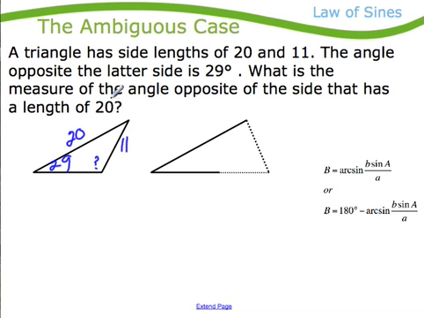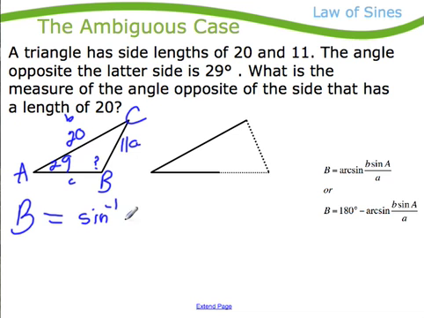So to solve this, I simply plug these numbers into my formula. This angle, we'll call angle B, this would be A, this would be C. So this is side B, this is side C, and this is side A. So angle B is equal to the arc sine, remember we said that you can write that like this too, of B, which is 20, multiplied by the sine of A, which is 29, divided by A, which is 11.